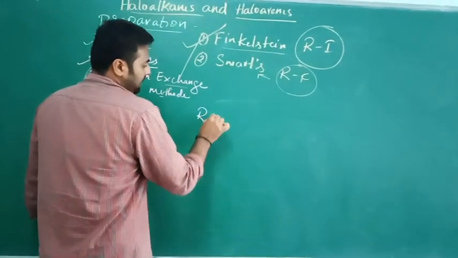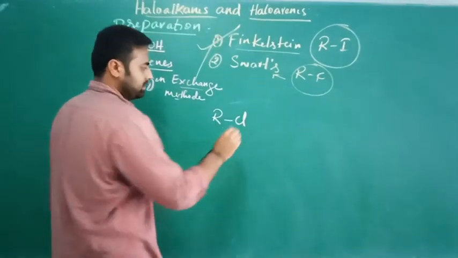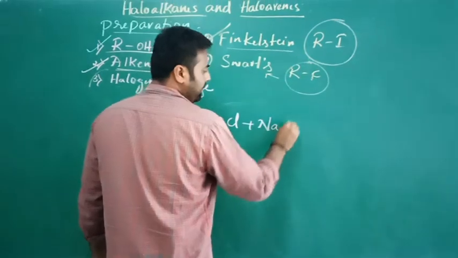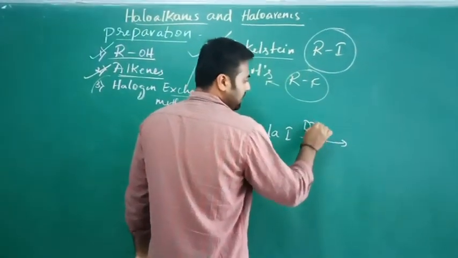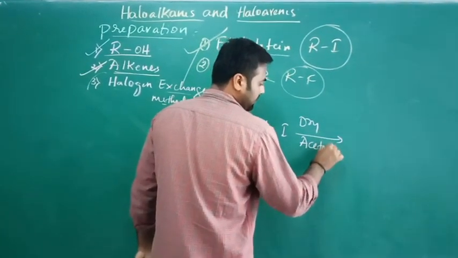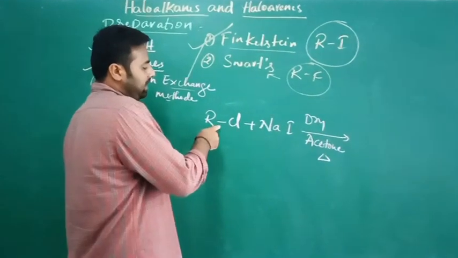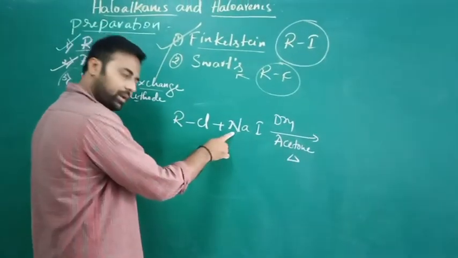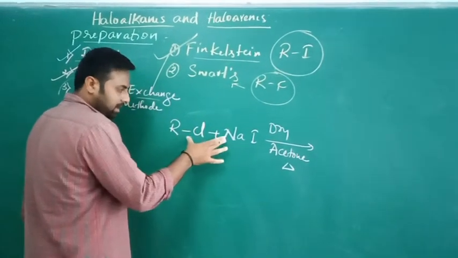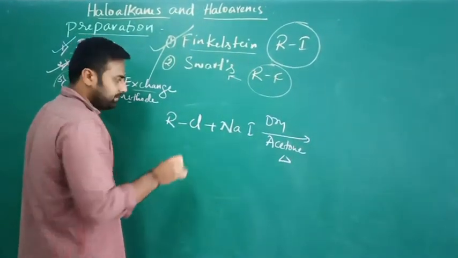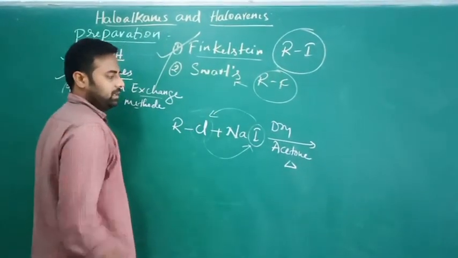When alkyl chloride or alkyl bromide is treated with sodium iodide in the presence of acetone, when these alkyl chlorides are heated with sodium iodide in acetone, both the molecules contain different halides. These halogen atoms will exchange with each other.